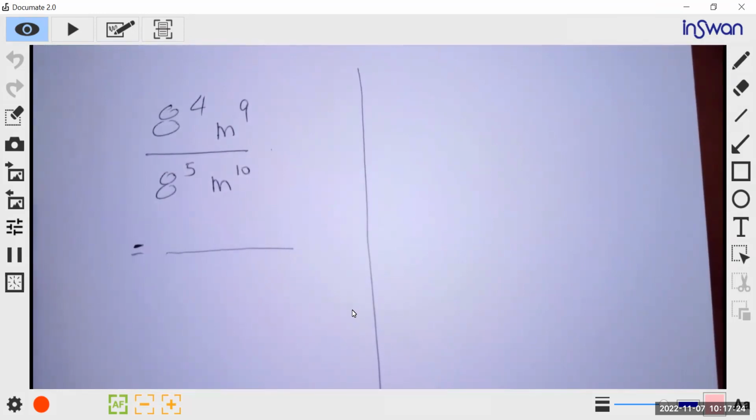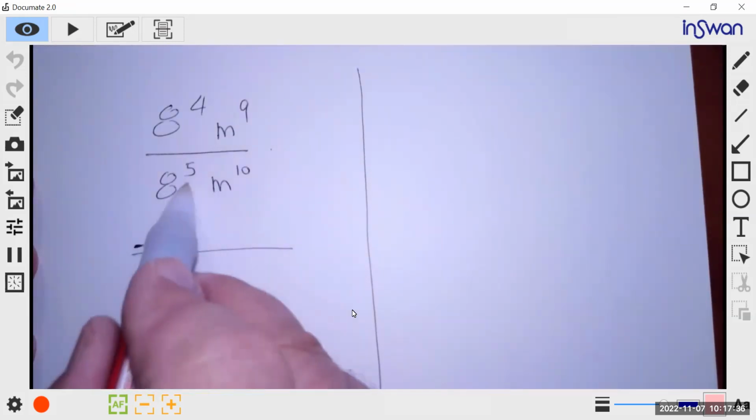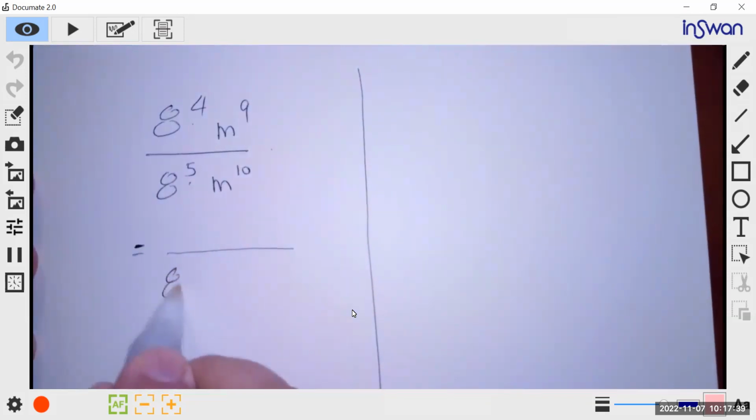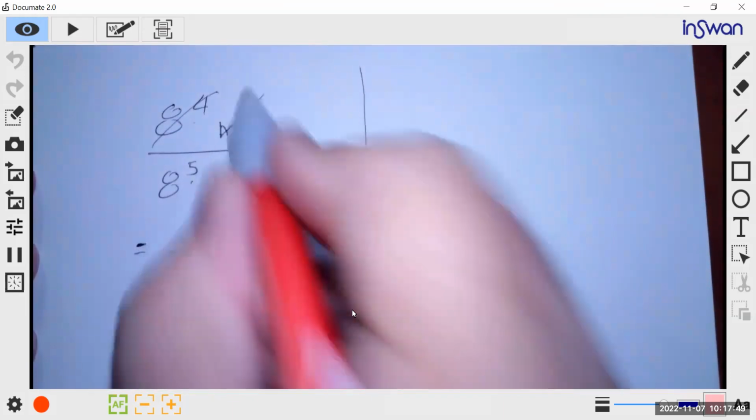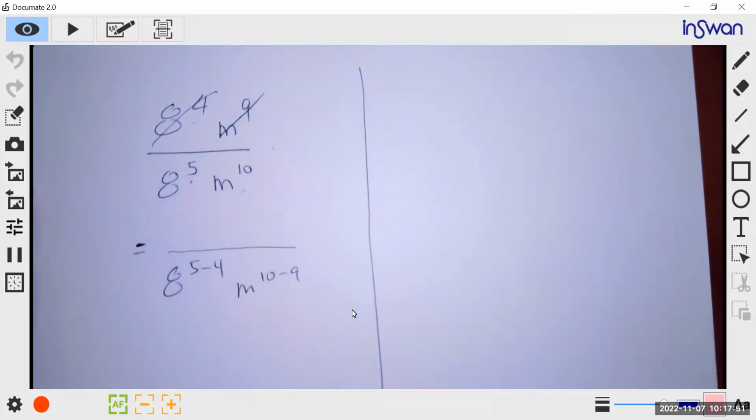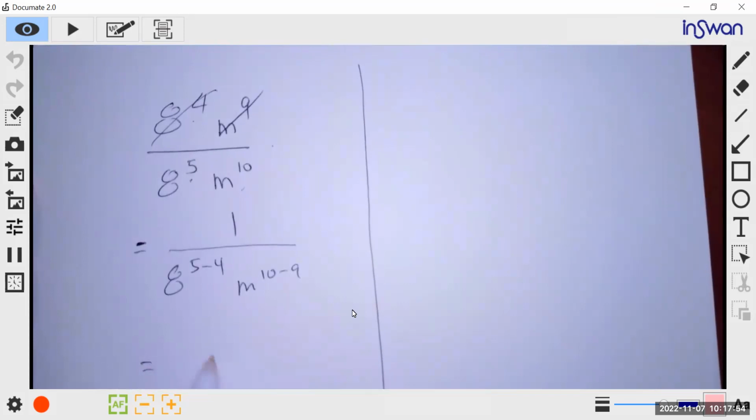So what's your final answer? These are bigger, so this has to be 8, 5 minus 4. That takes care of that one. This one's bigger, so it's m, 10 minus 9. That takes care of that one. What do we have left on top? 1. 5 minus 4 is 1. 10 minus 9. So there's your answer.